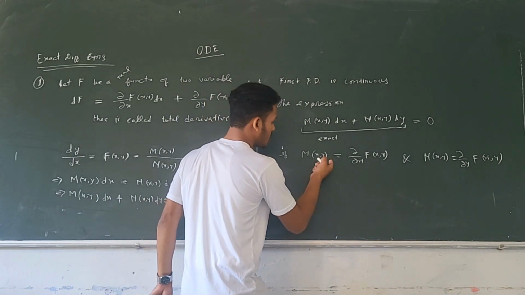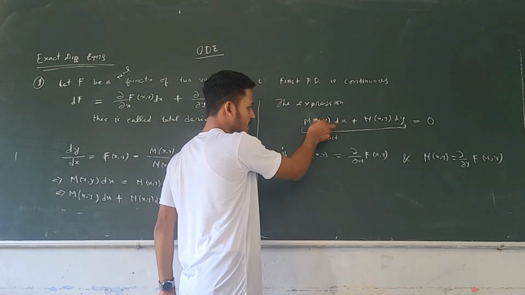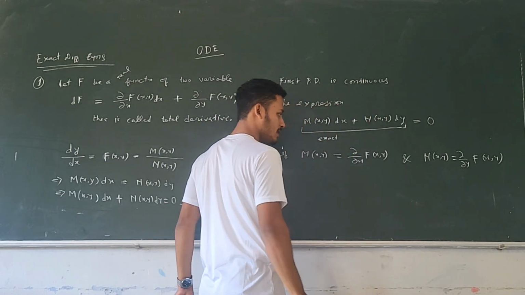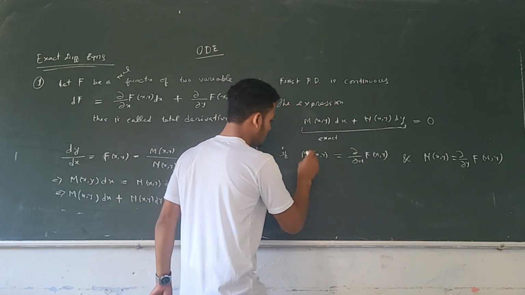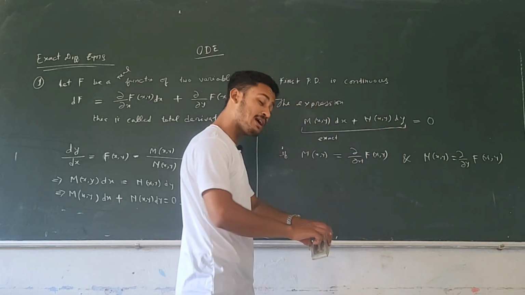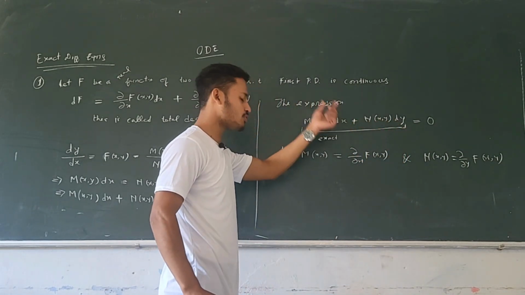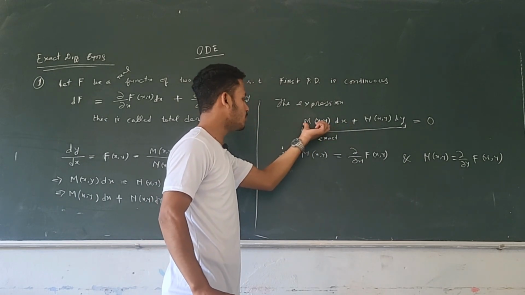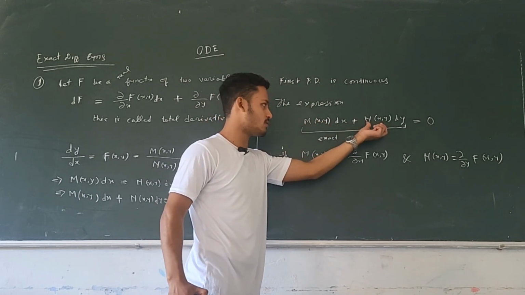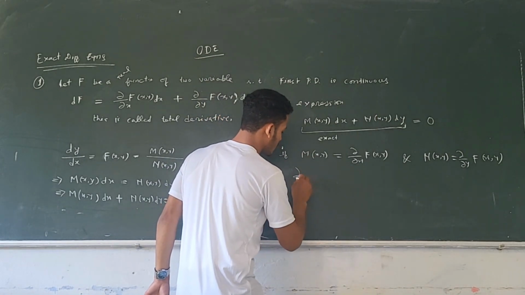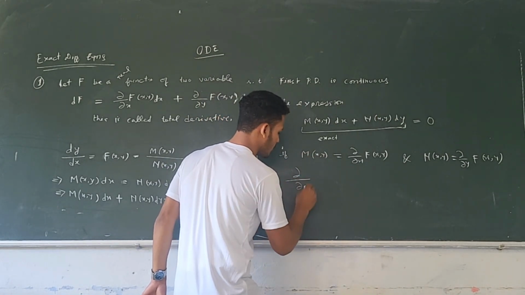Let us suppose you know only this M of xy and you know only this N of xy. So you are given a differential equation, and you know what M of xy is and what N of xy is. Let us suppose we take this M of xy.